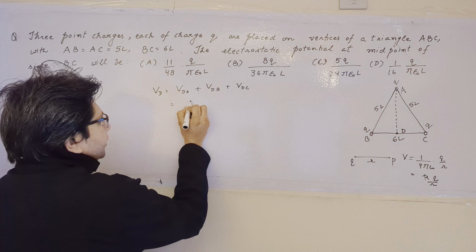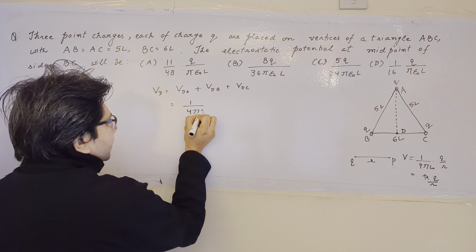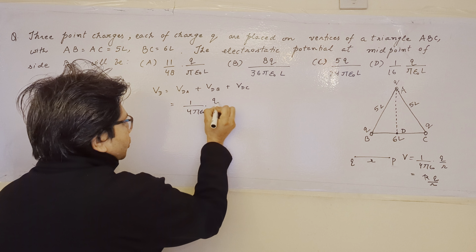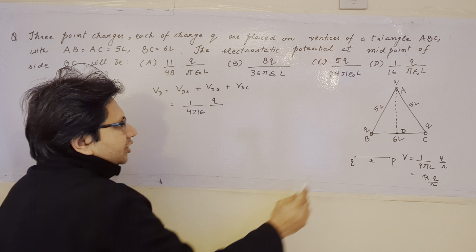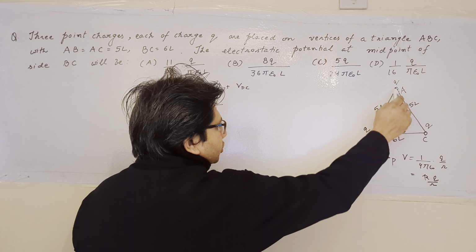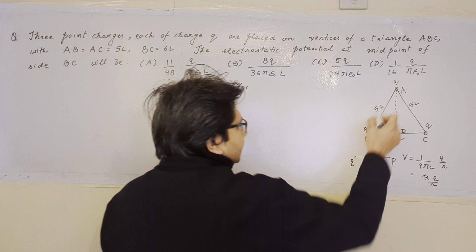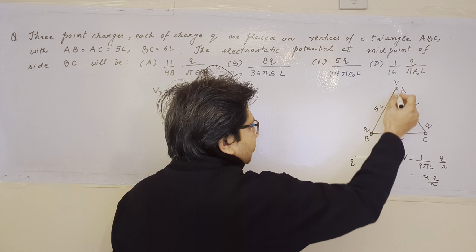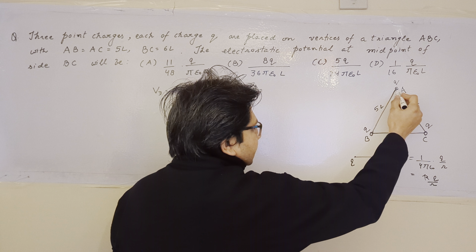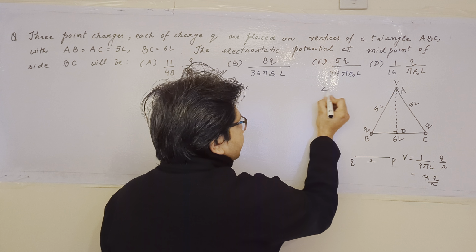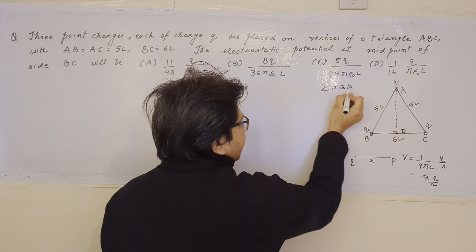Now all of the charges are equal in value. So VDA is 1 upon 4 pi epsilon naught q upon r, where r means the distance from D to A. Now when we join the midpoint of BC with A, triangle ABD is a right angle triangle.